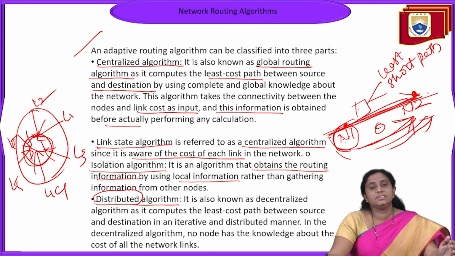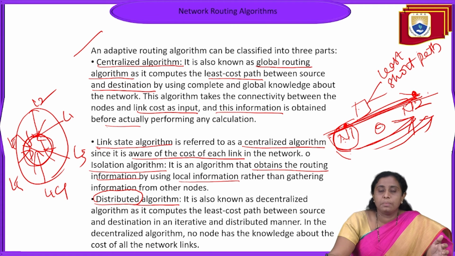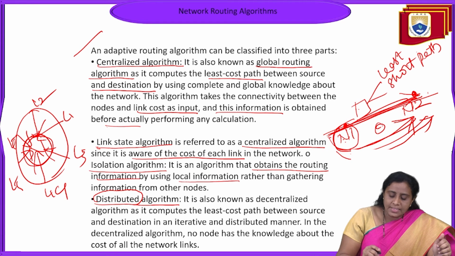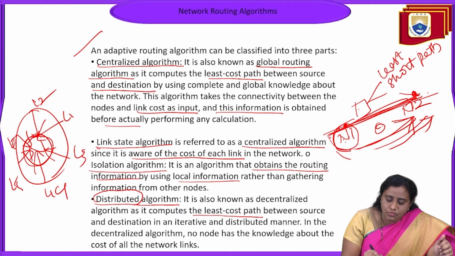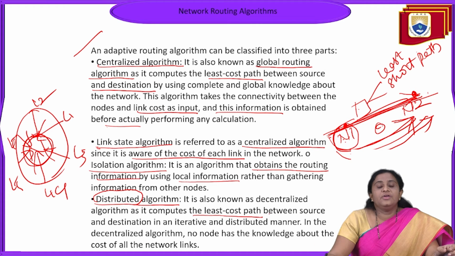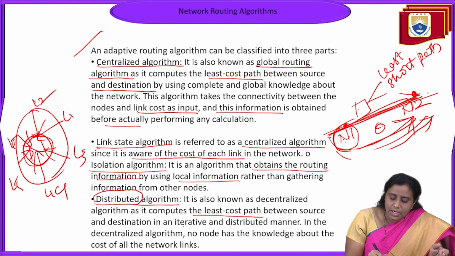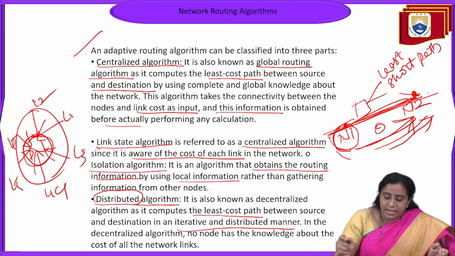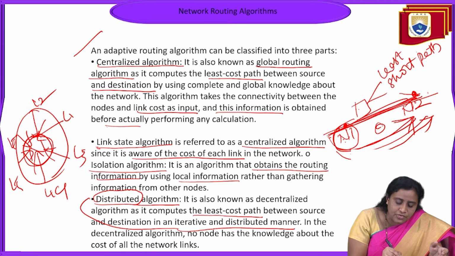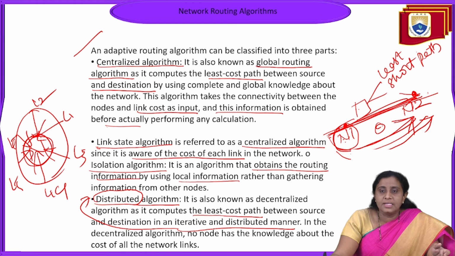The centralized one is the link state algorithm, as I have already explained, and the distributed algorithm is a non-centralized or decentralized algorithm, as it computes the least cost path for the transmission of data packets from one source to another destination in an iterative and distributed manner. Hence the name distributed algorithm.